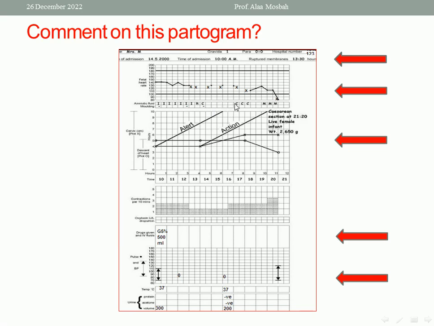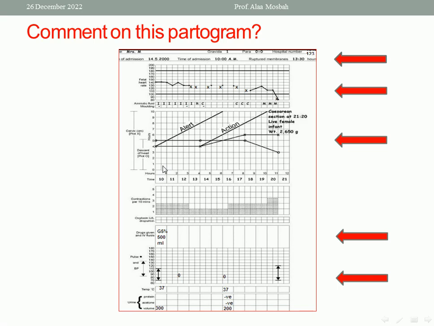It was clear during follow-up until nearly 10 hours from starting the active phase, then it becomes meconium stained, at about 19. This is for the hours, and each big square is 1 hour.